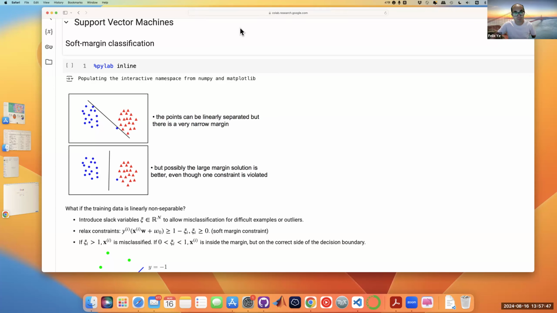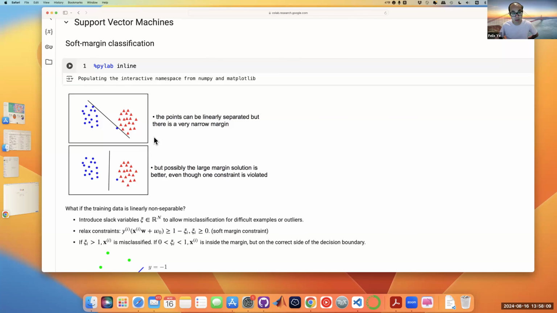You can see there is a blue point right in the cluster of the red point right here. Although this point can be linearly separable, there will be a very narrow margin. So basically, if this is my decision boundary, that won't be a very good choice.